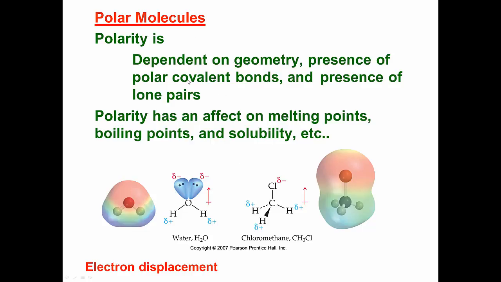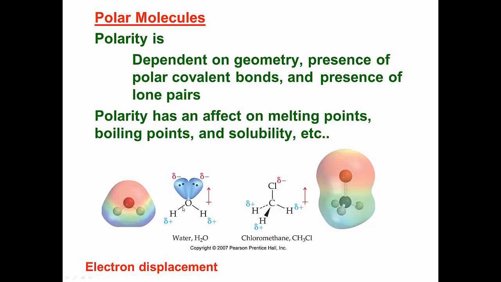Now we want to look at polarity in molecules. Polarity is going to be dependent on geometry, presence of polar covalent bonds, and presence of lone pairs. Polarity is important because it affects melting points, boiling points, solubility, and other properties. So let's take a look at water. We have very electronegative oxygen.